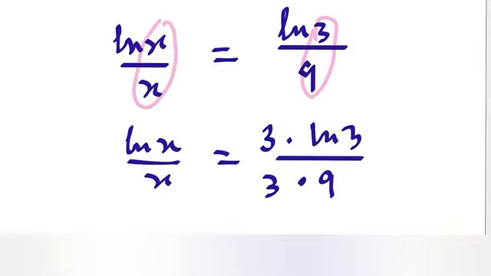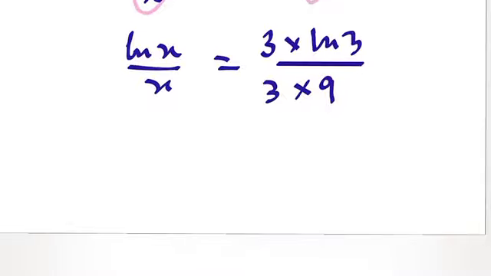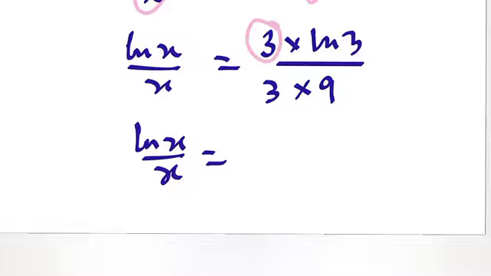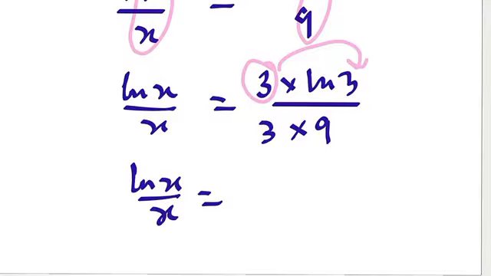So this is multiplication. Moving on, you see that we're going to have ln of x over x equals, now here, this 3 will become the power of 3 here. That's from the law of indices, if you remember.